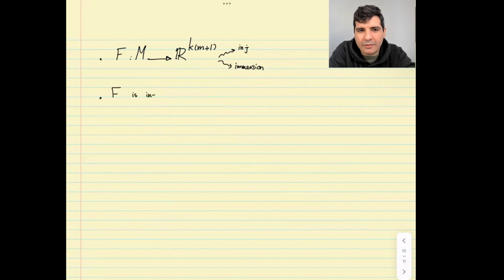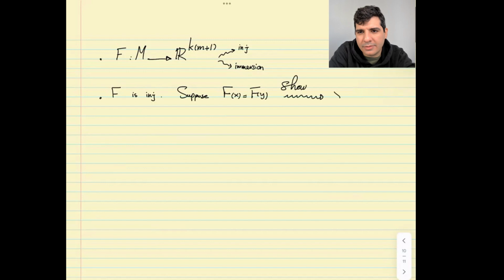Let's start by showing f is injective. Okay, so suppose we have f of x equals f of y. Proving f is injective means we should show x is equal to y. So we should show x must be equal to y. Right. That means f is injective, right?